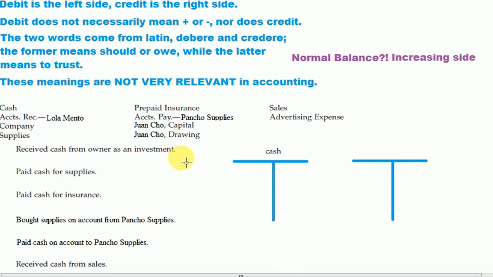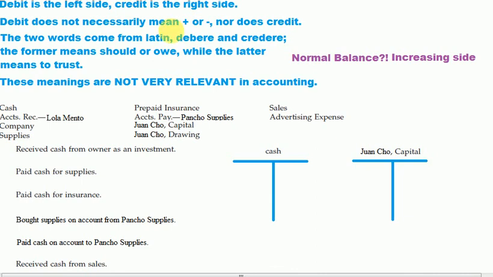So it's fairly easy to tell that the account involved is capital. The owner's equity increases and the cash increases in this transaction. So we have cash and owner's capital.